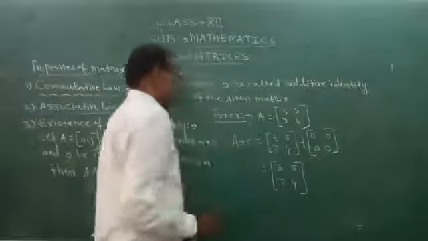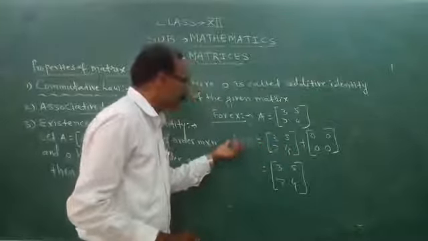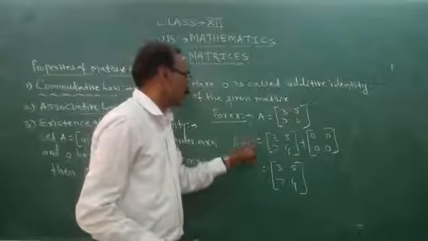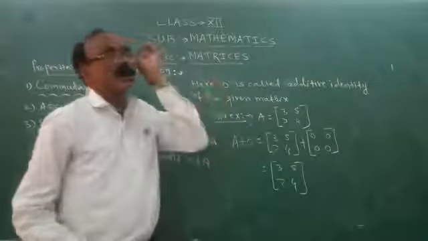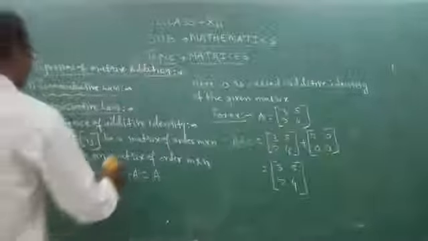So when I add the 0 matrix to A, I get the same matrix again. Therefore, this 0 matrix is called the additive identity.